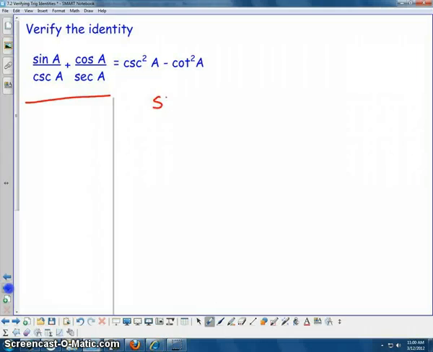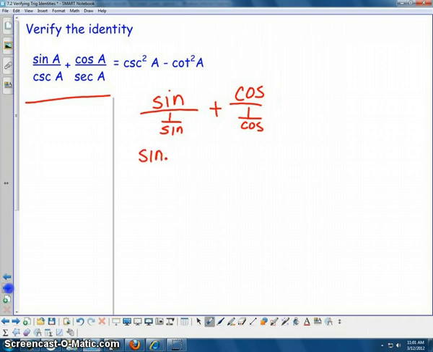So when I have sine over cosecant, that is really sine over 1 over sine. And that's added to cosine over secant, which is really cosine over 1 over cosine. Well, if you remind yourself, dividing by a fraction, we flip the fraction and multiply.